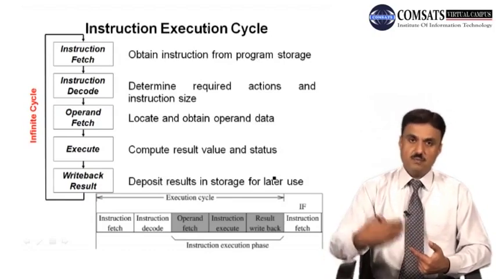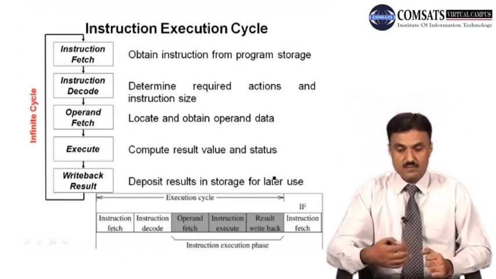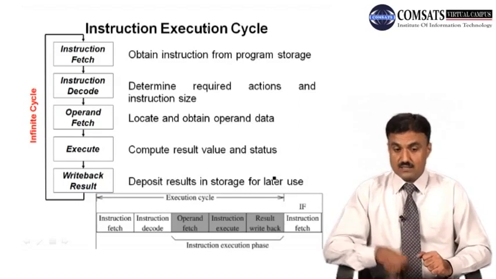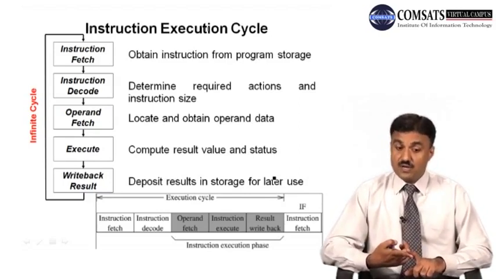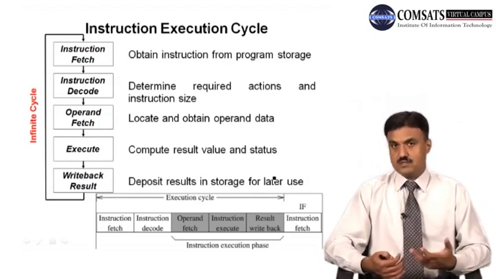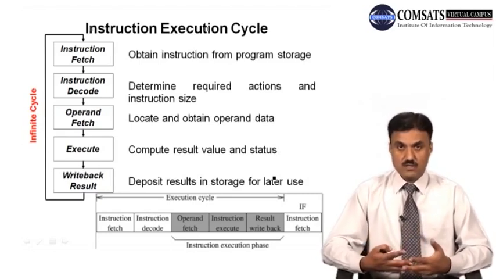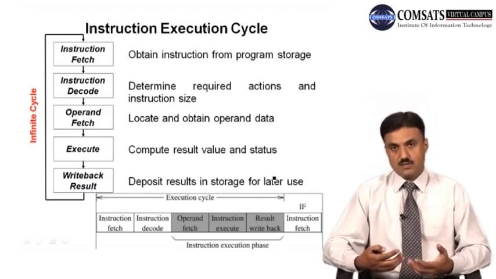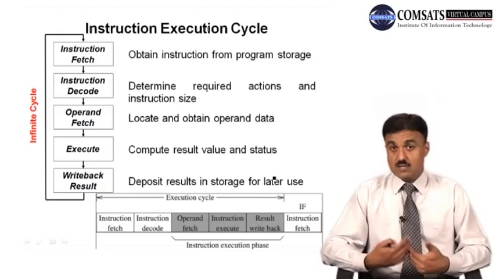We move a value from memory somewhere and then perform the operation, so we have to fetch operands. So this is the complete instruction execution cycle. You can see instruction fetch, instruction decode, operand fetch, execute, and then the last step is write back. For example, if we perform addition or some other operation, maybe a logical, arithmetic, or bitwise operation, we write back the results.